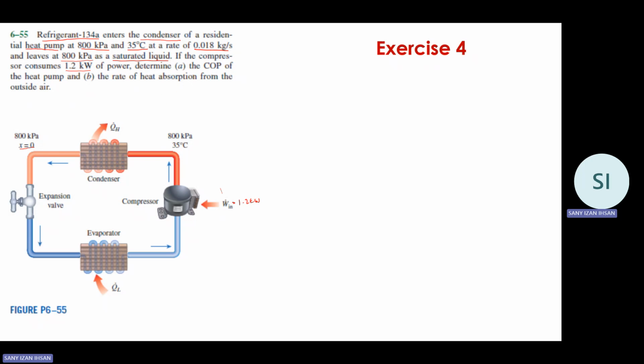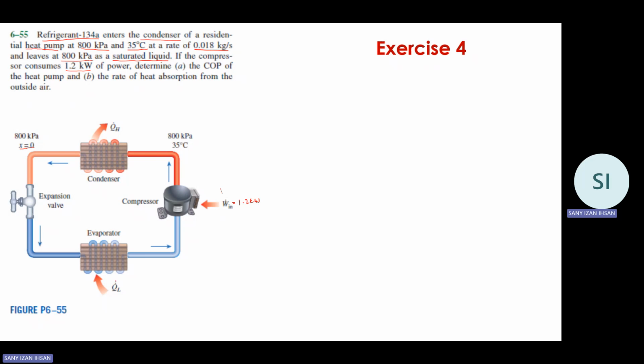All right, I think this will be quite an interesting problem. This is a good description of the refrigeration and heat pump cycle. You have compressor, then condenser, expansion valve, and evaporator. Specifically, the problem describes information about the condenser.